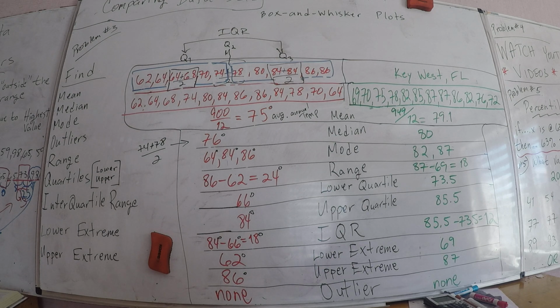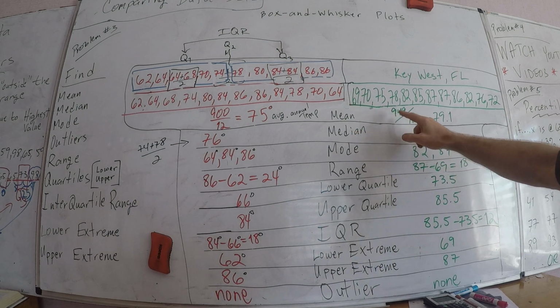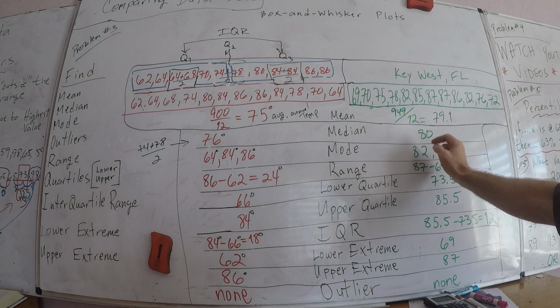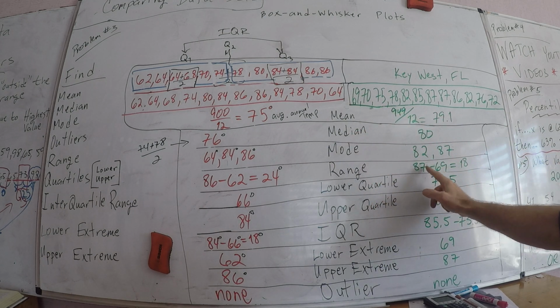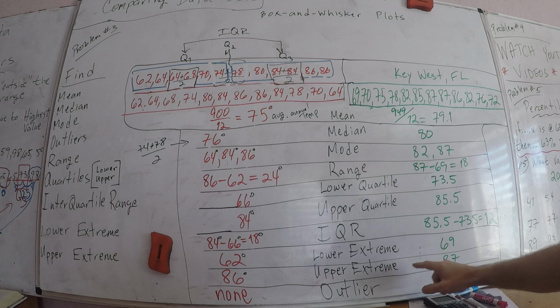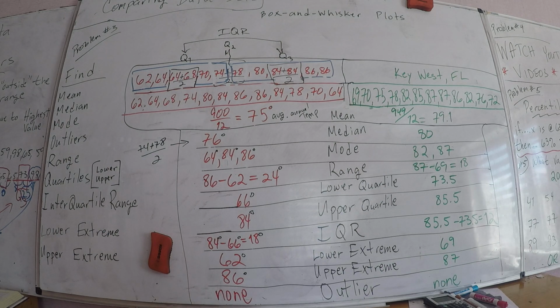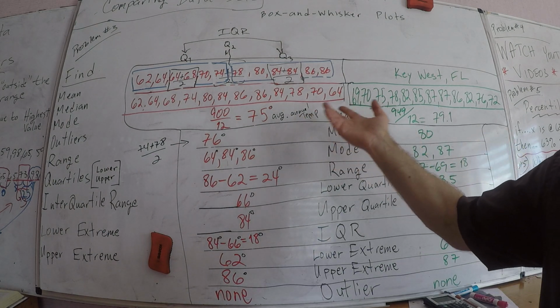Now, Key West, Florida, we did all the same stuff. We added them together, divided by 12. We got the median, the mode, the range, the lower quartile, the upper quartile, the IQR, the lower extreme, the upper extreme, and there are no outliers. We did the same thing. So we can compare now, right?